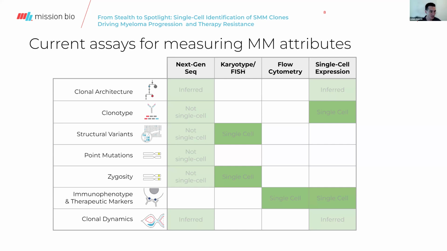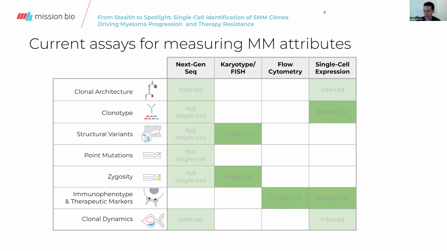Karyotyping and FISH is another important way to analyze multiple myeloma samples. It's single cell for sure, but it's sort of limited in what it can look at: structural variants and zygosity. Very important for diagnosing samples, but sort of limited in what it can look at. Flow cytometry is similarly very powerful, but again, it's limited to protein, whereas karyotype and FISH are more to the structural copy number side.